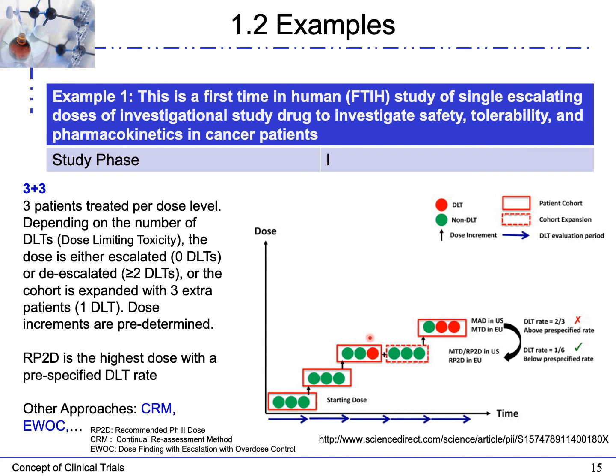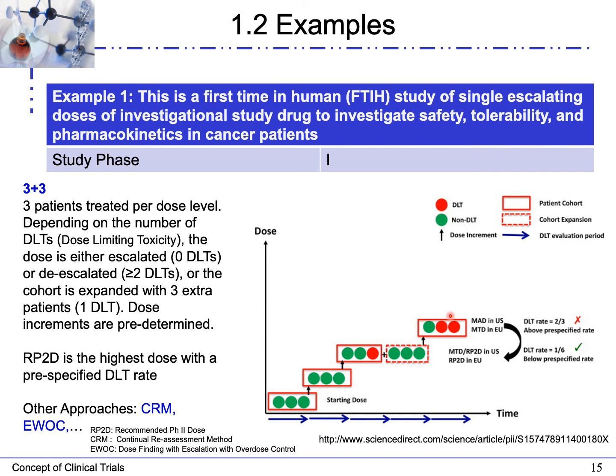Because there is 1 DLT, the algorithm foresees another set of 3 patients. If there is no DLT, then you can move to the next dose. But when you face a situation where there are 2 patients with DLTs, it means that you have reached the maximum tolerated dose.